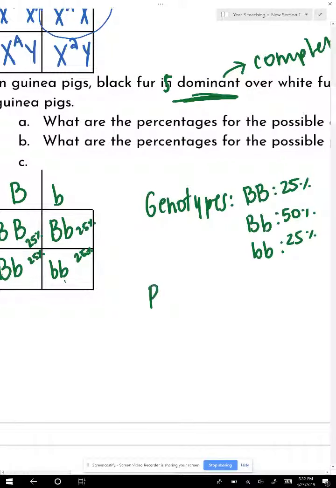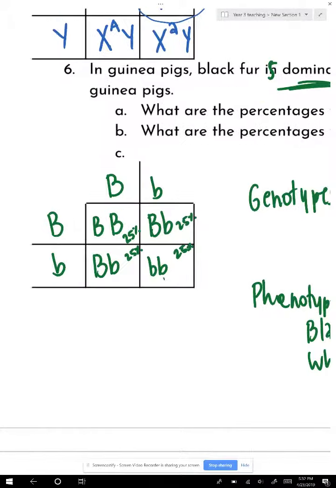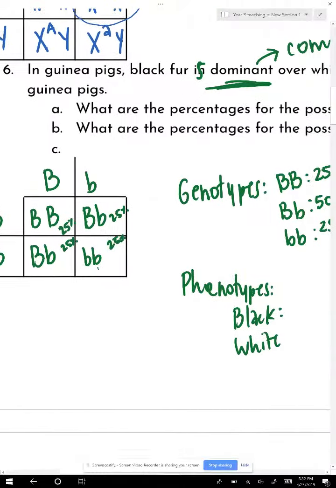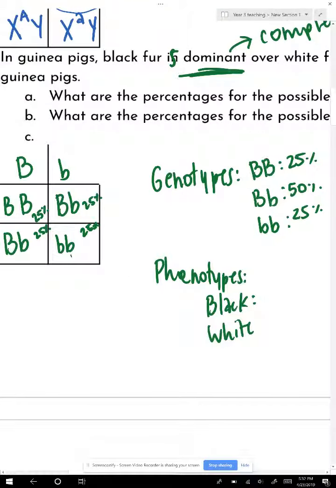Now I have to do my phenotypes. So my phenotypes are my looks, right? Remember that I said that I can only have black or white. So I look at my Punnett square right here. As long as I have one capital B, so one dominant one, that means that that guinea pig is black. So I look over here and I have 1, 2, 3 black guinea pigs. And if I add 25 together 3 times, I get 75%, right?